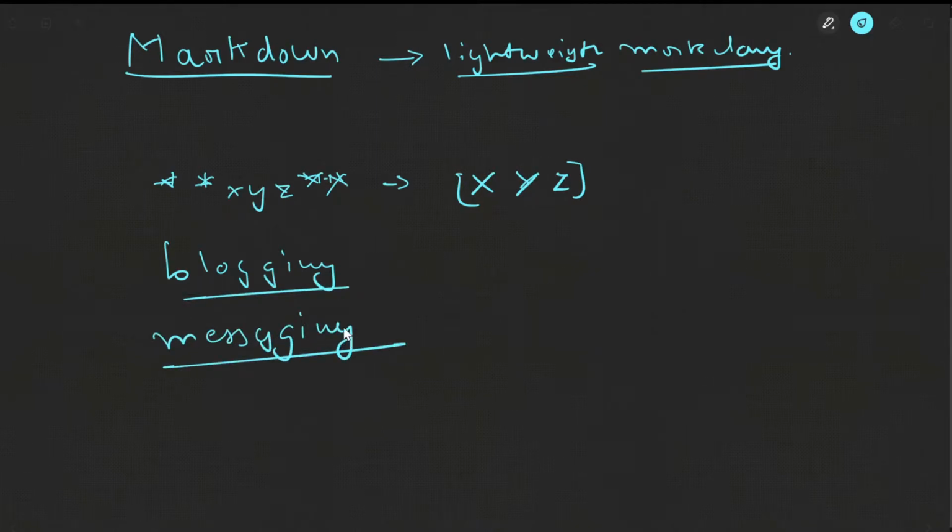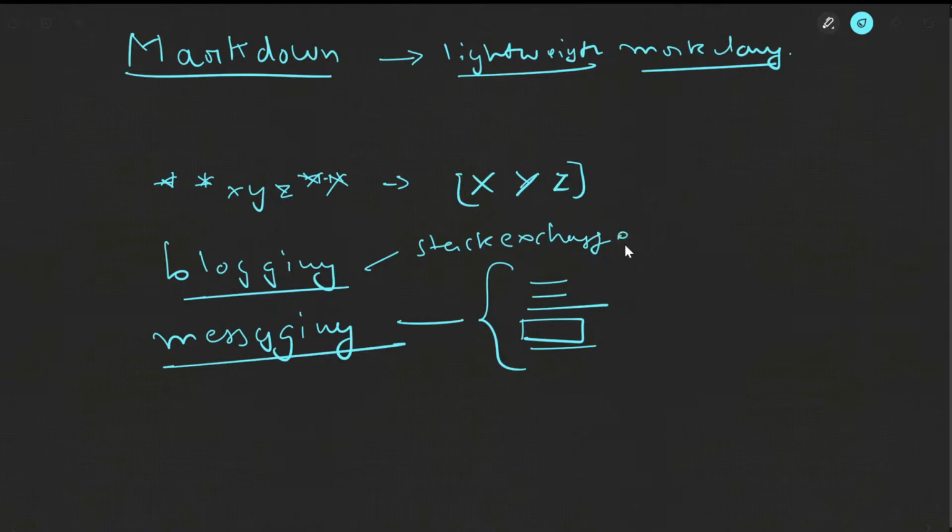Whenever you text someone, you have clear text formatting of lines and blocks, and that's the result of a Markdown editor. Blogging forums like Stack Exchange use it a lot all the time. If you comment on something related to Stack Exchange, you will often see people use it.